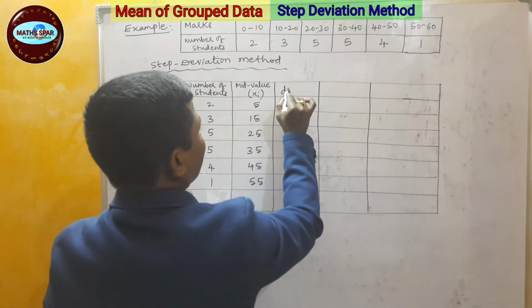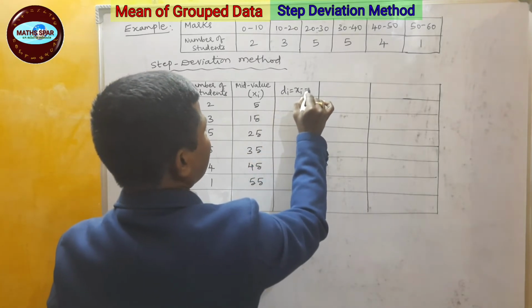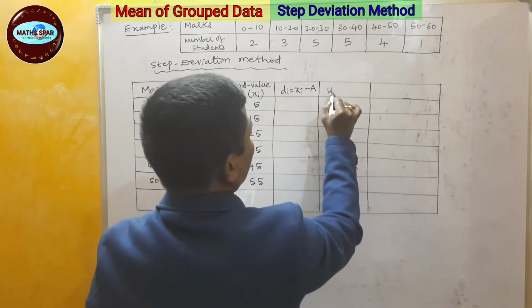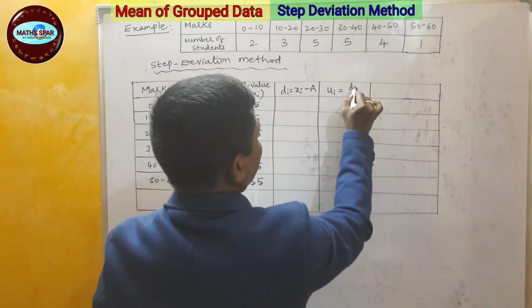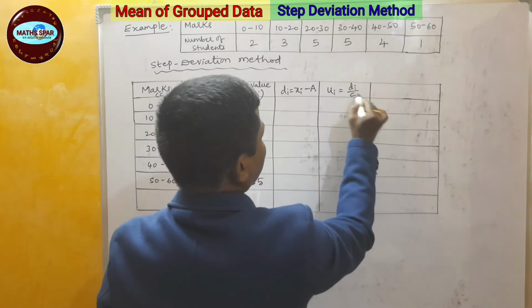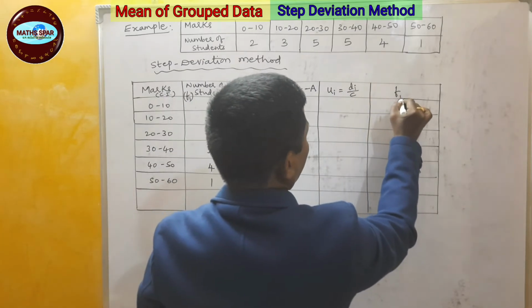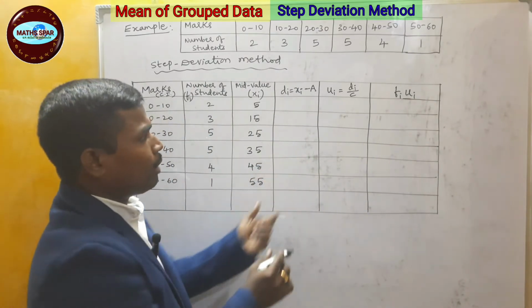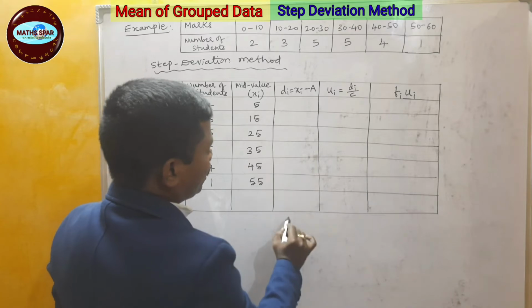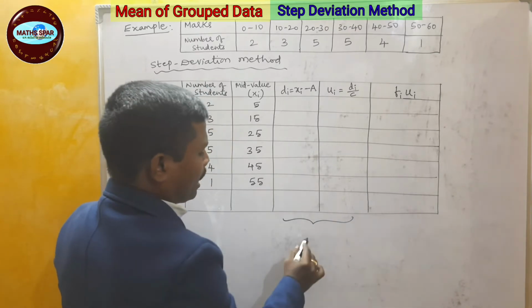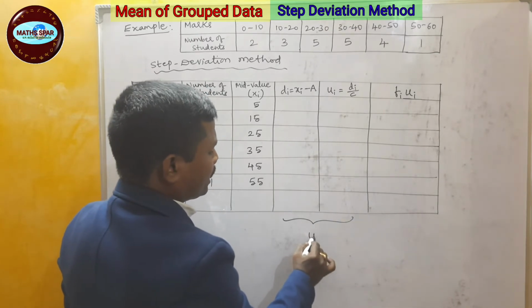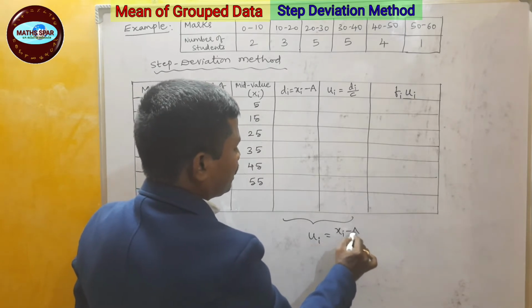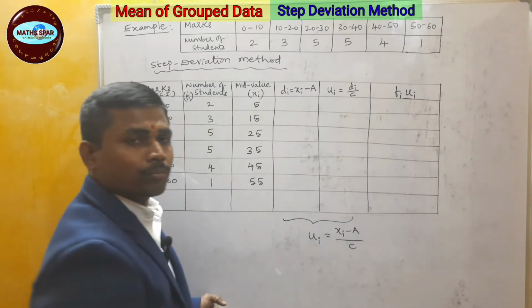Then di is equal to xi minus a, where a is the assumed mean. Then ui is nothing but di by c. Then fi ui. As I said earlier, instead of these two columns you can have only one, directly ui written as (xi minus a) by c.